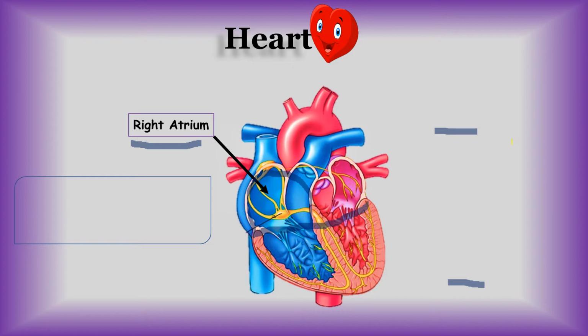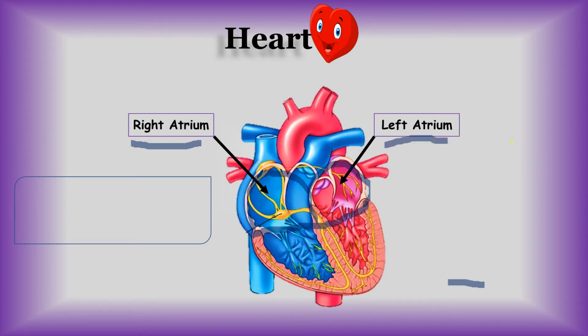Now come to the left side, the left upper chamber. This part is the left upper chamber, which is also known as the left atrium. And what is the job of the left atrium?